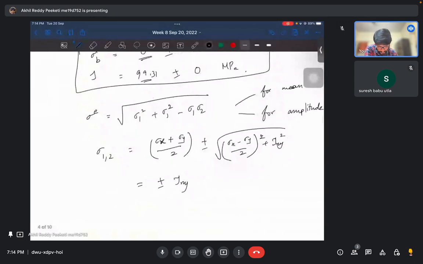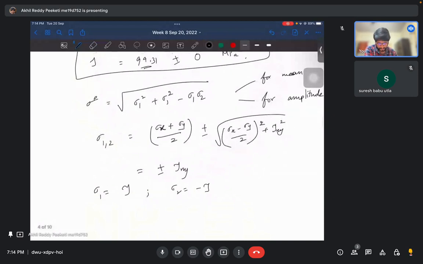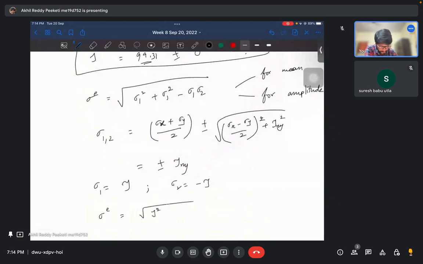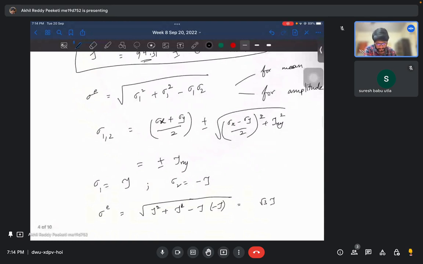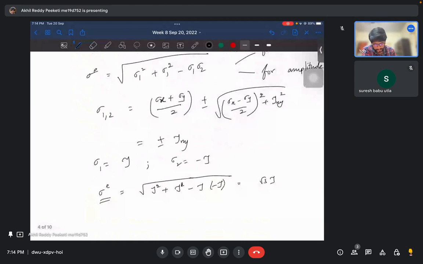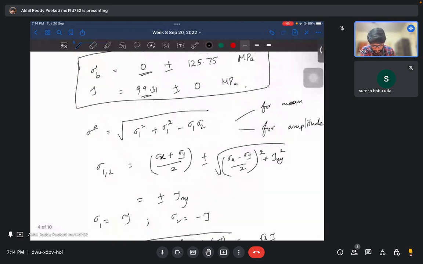So sigma 1 is equal to tau and sigma 2 is equal to minus tau. Okay. Now the effective stress would be square root of tau square plus tau square minus tau into minus tau, so root 3 tau. So for the mean, effective is root 3 into tau.